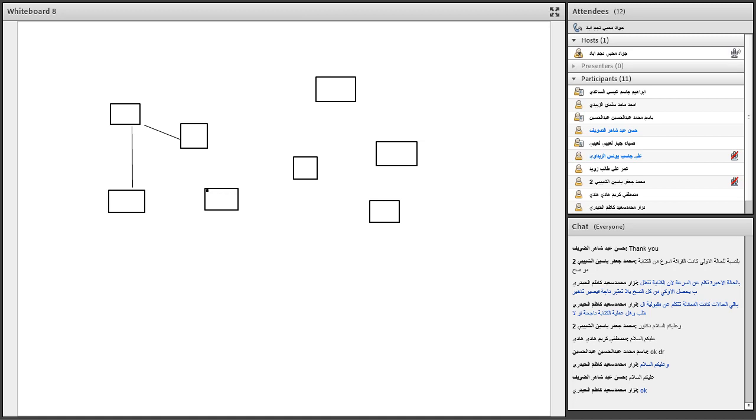This is the connection between each two machines.